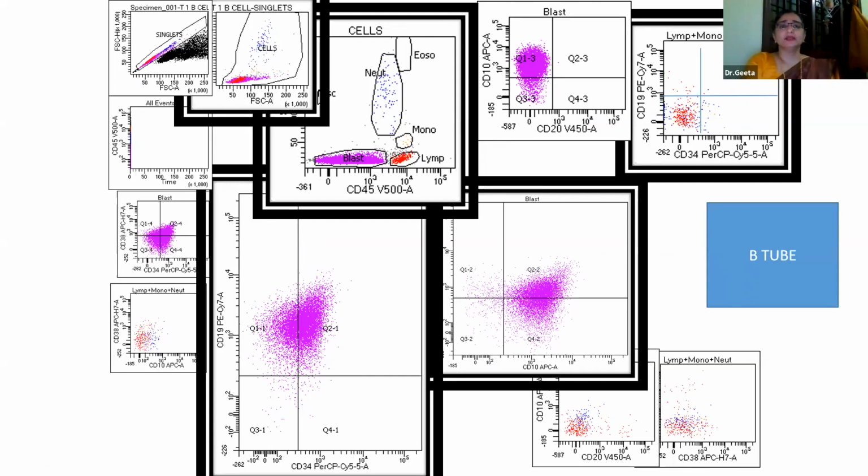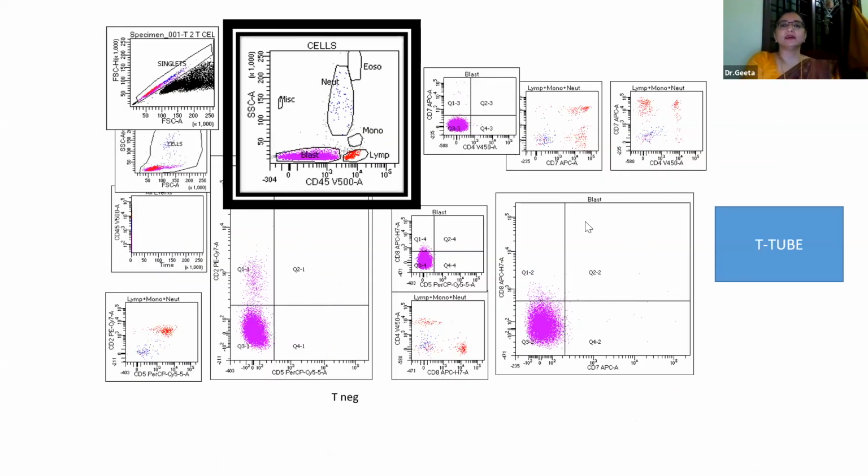Going on, this also shows positivity for CD10. However, CD20, which is a marker of mature cells, is negative. This is again a T tube. Here you can see that none of the quadrants show any positivity with respect to this pink population, which is the blast population.